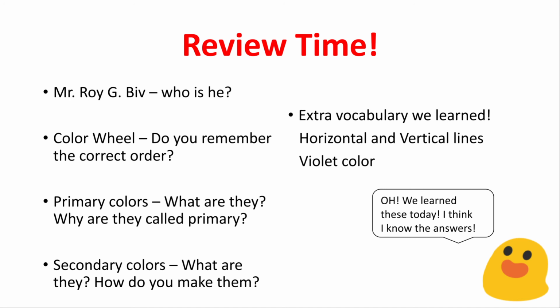Okay, ooh, the secondary colors. What colors are these? These are the other 3 colors of the color wheel. They are orange, green, and violet. Do you remember how you make them?